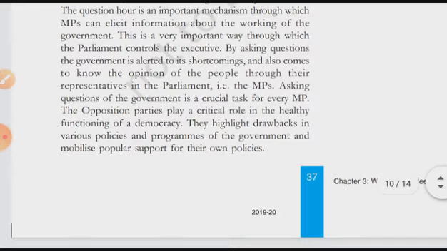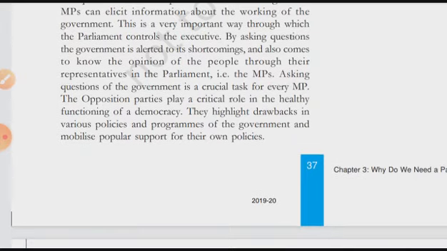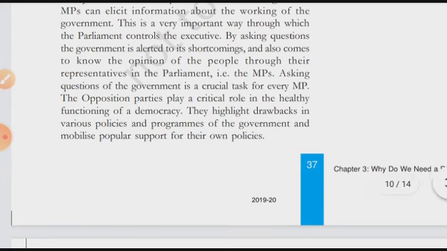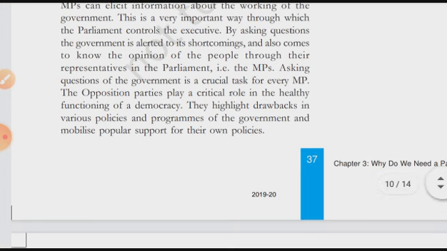Asking questions of the government is a crucial, very important task for every member of parliament. The opposition parties play a critical role in the healthy functioning of democracy. If any law or decision taken by the government is not good for the welfare of the people, the opposition parties play an important role.